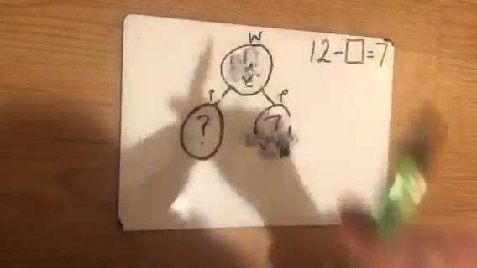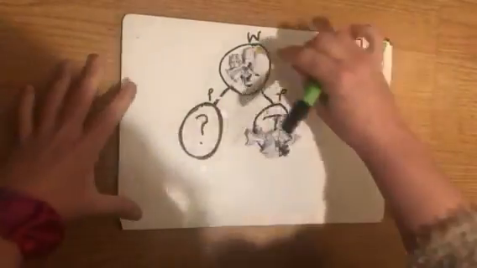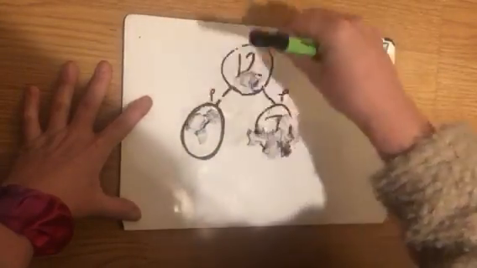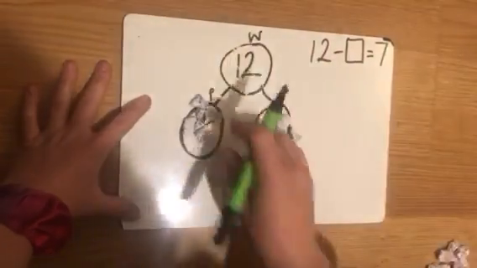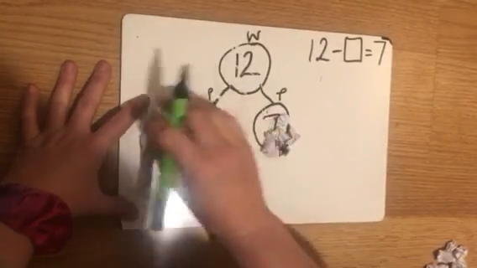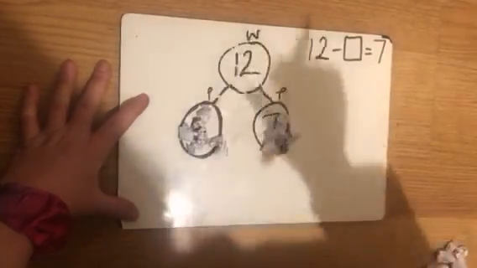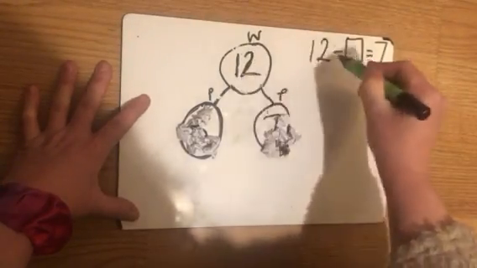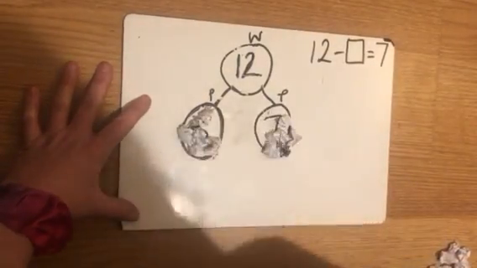And what we are left with should be the other part. So let's count this out. 1, 2, 3, 4, 5. So we're just going to pop those to the side and we're going to write 5 in here. So now we think that 12 take away 7 is equal to 5.